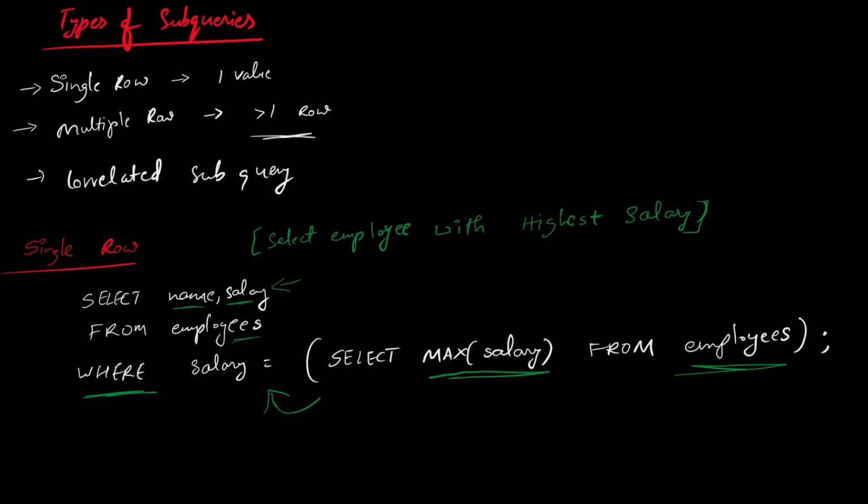Now let's discuss multi-row subquery. A multiple row subquery will return multiple rows of data. Imagine we have an employees table and we want to find employees who are working in the Bangalore location, for example. In that case, we can use a multiple row subquery.